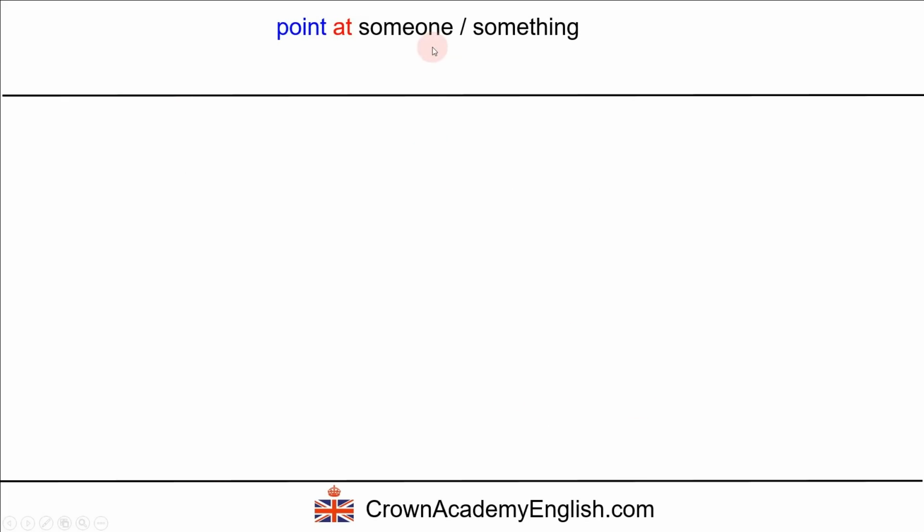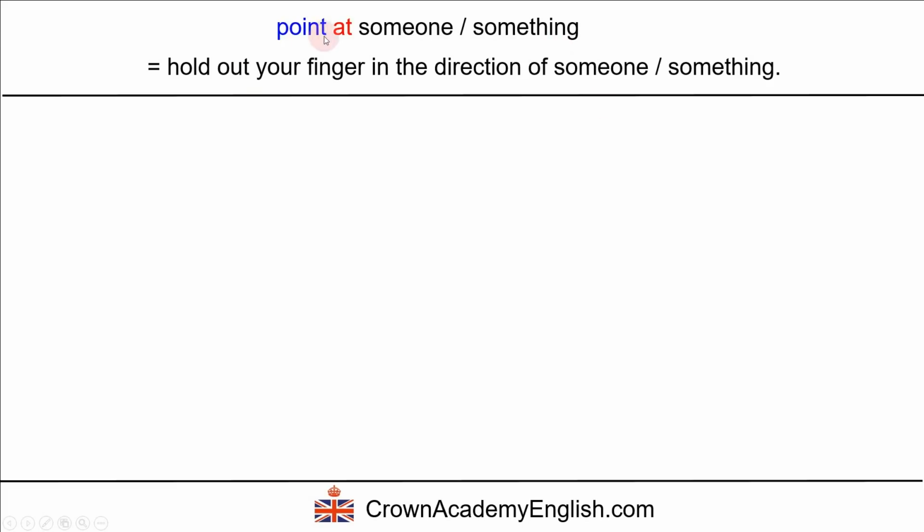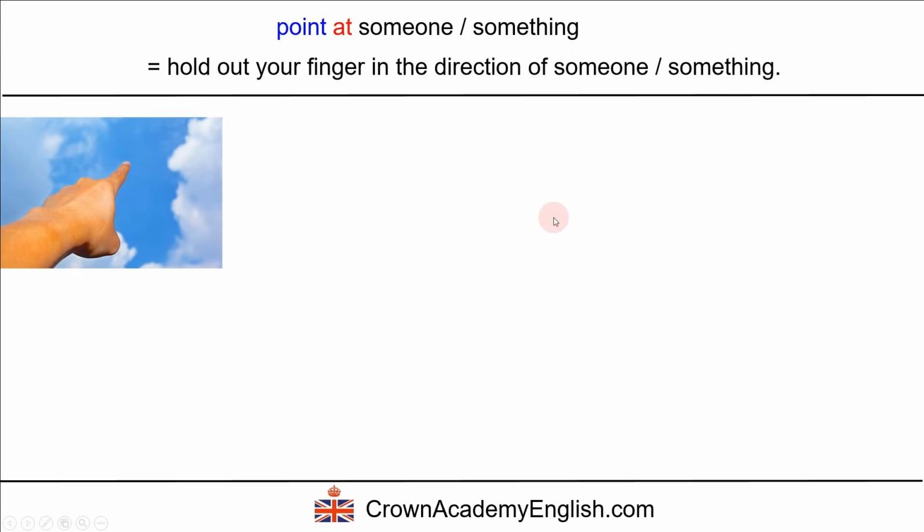Point at someone or something. And so to point means to hold out your finger in the direction of someone or something. So Mark is pointing at the sky. So to point at something.